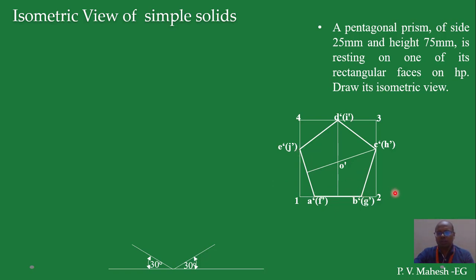Now, you can draw the top view if you want, and without drawing the top view I am doing here. 1, 2, 3, 4. First what I have to do, I have this direction I am taking.